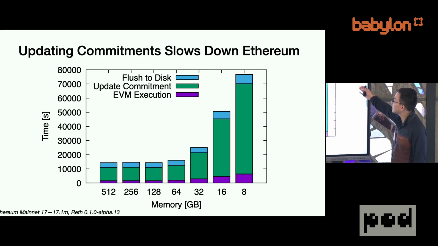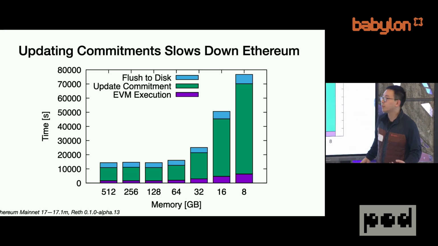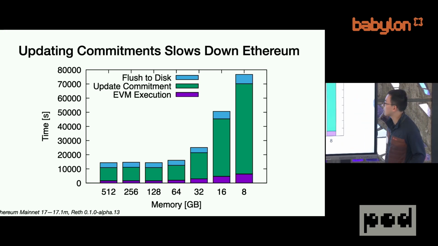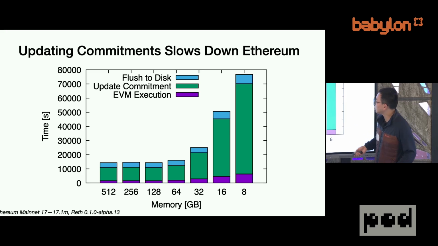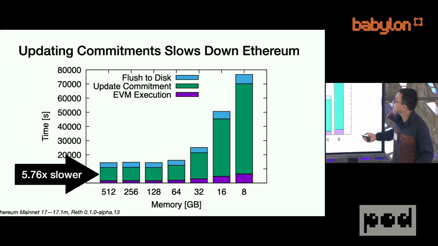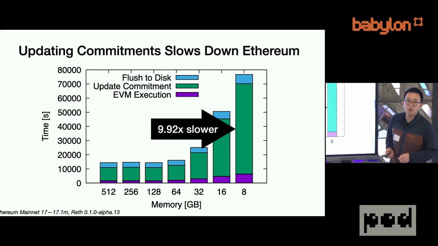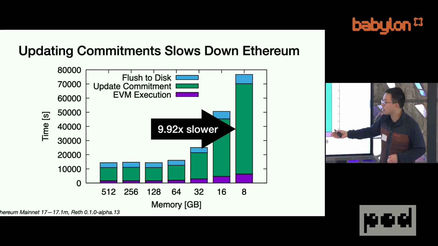And on the y-axis, you're seeing a breakdown of the time it spends executing those blocks. It's pretty unfortunate that across the board, updating this AKVS takes almost 5.8 times to almost 10 times longer than just running through the transactions.